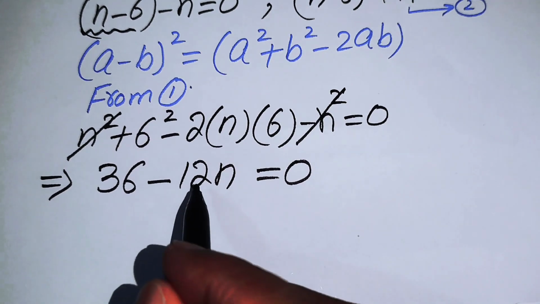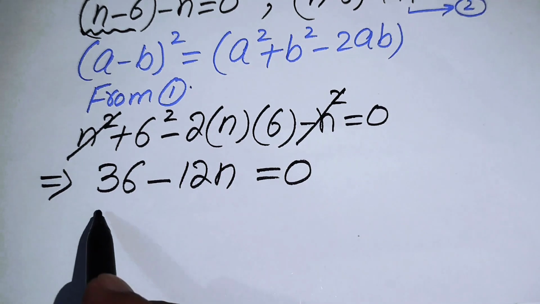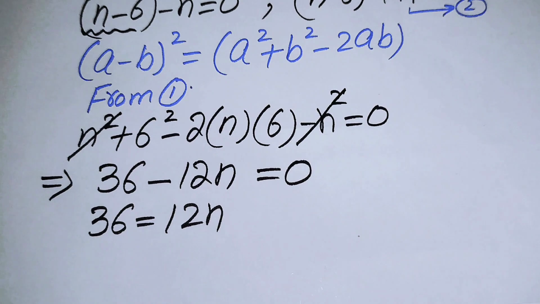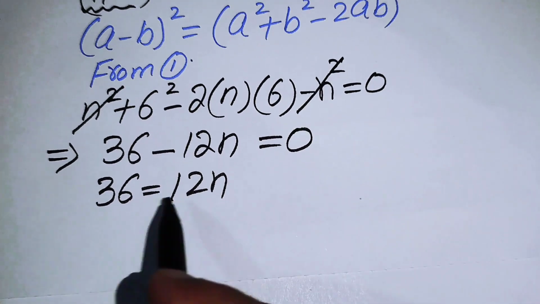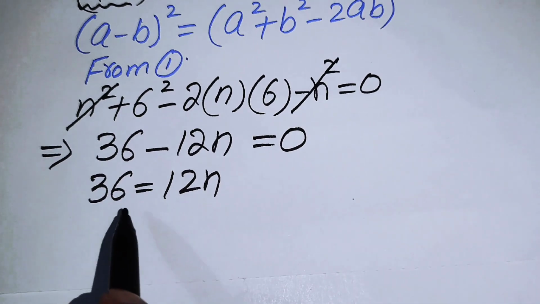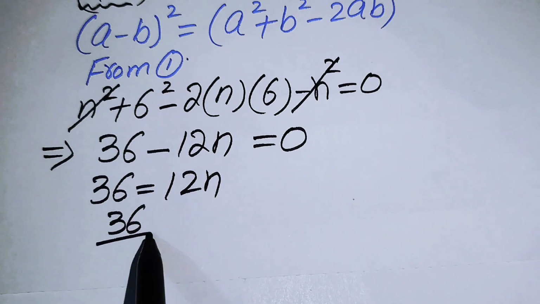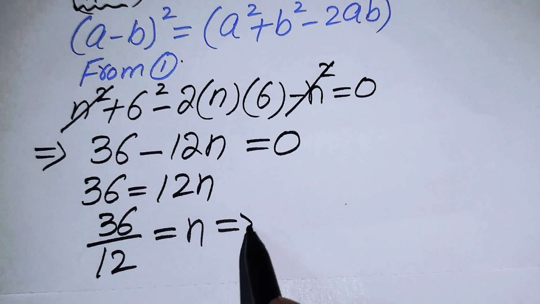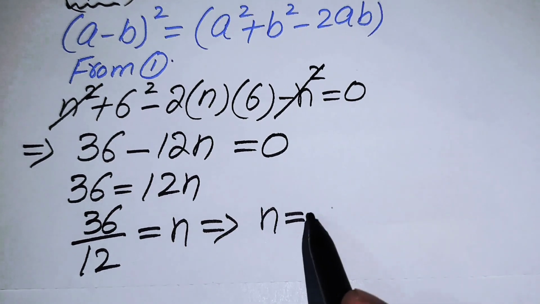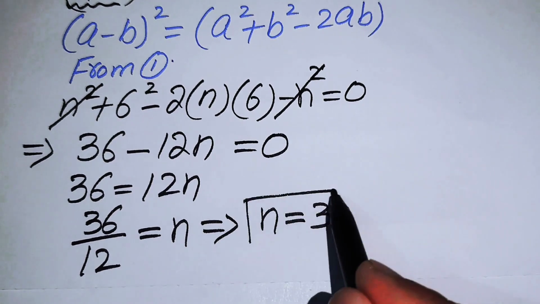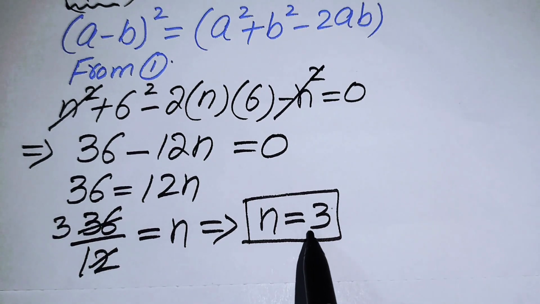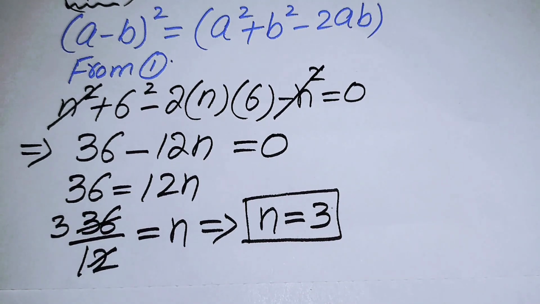So we move the minus 12n to the right hand side and get 36 equals 12n. Now we move the 12 to the left hand side and get 36 over 12 equals n, which implies n equals 3, because 12 threes are 36. So n equals 3 is the first root of this problem.